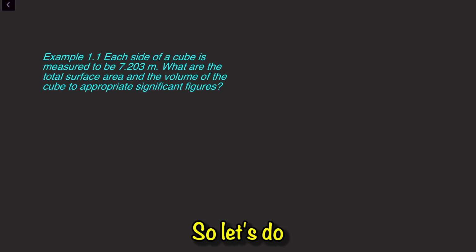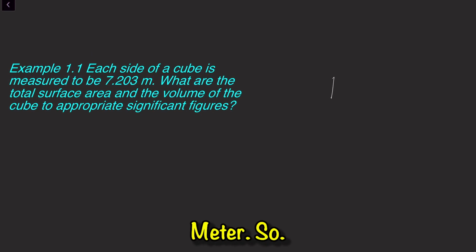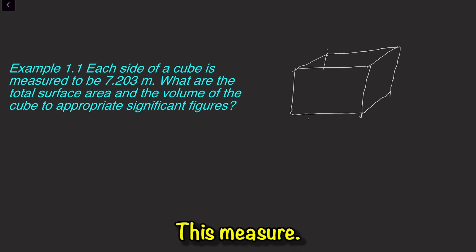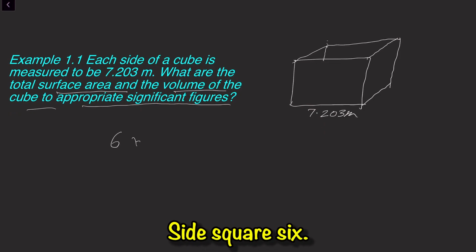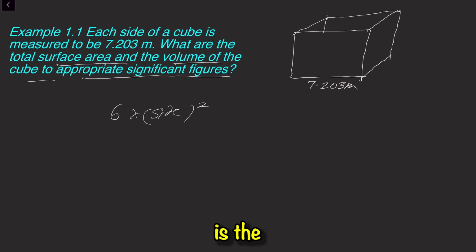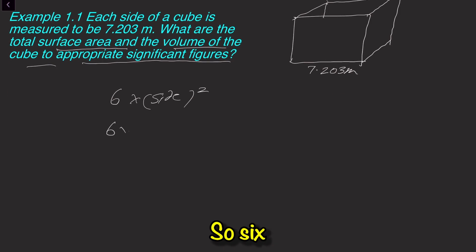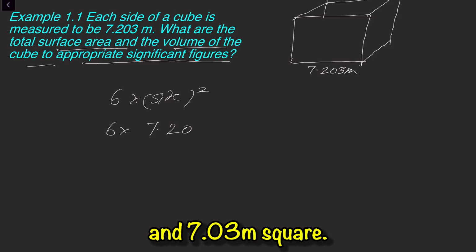So let's do certain examples. Each side of a cube is measured to be 7.203 meter. What are the total surface area and volume of the cube, to appropriate significant figures? Surface area is 6 into side square, so 6 into 7.203 meter square.